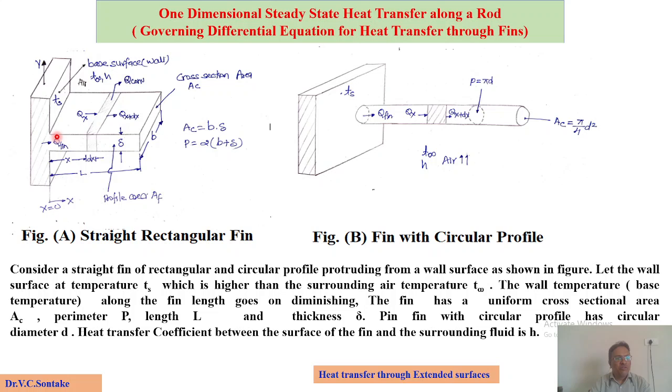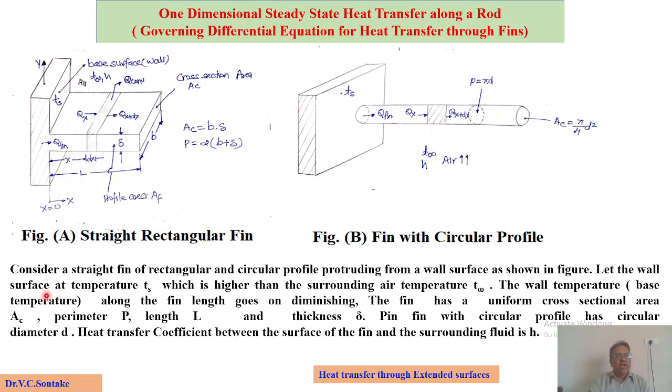So as you can see here, for this rectangular cross-sectional fin, its width is b, length from the base surface is capital L, its cross-sectional area is represented by Ac and perimeter is represented by capital P. And if this fin is of circular profile, its diameter is small d and its length from the base is capital L. The heat transfer coefficient between the surface of the fin and the surrounding fluid to which the base surface and fin are exposed is small h, watt per meter square Kelvin.